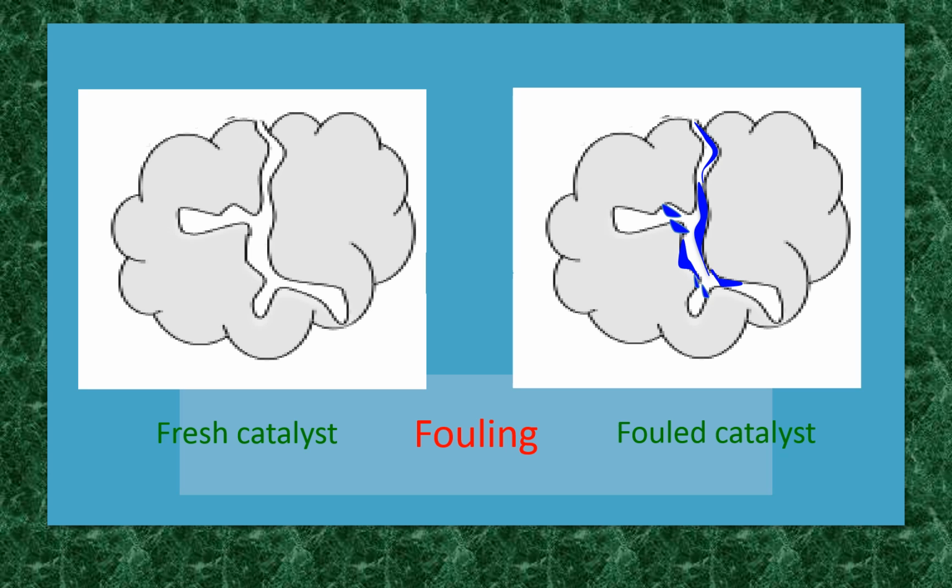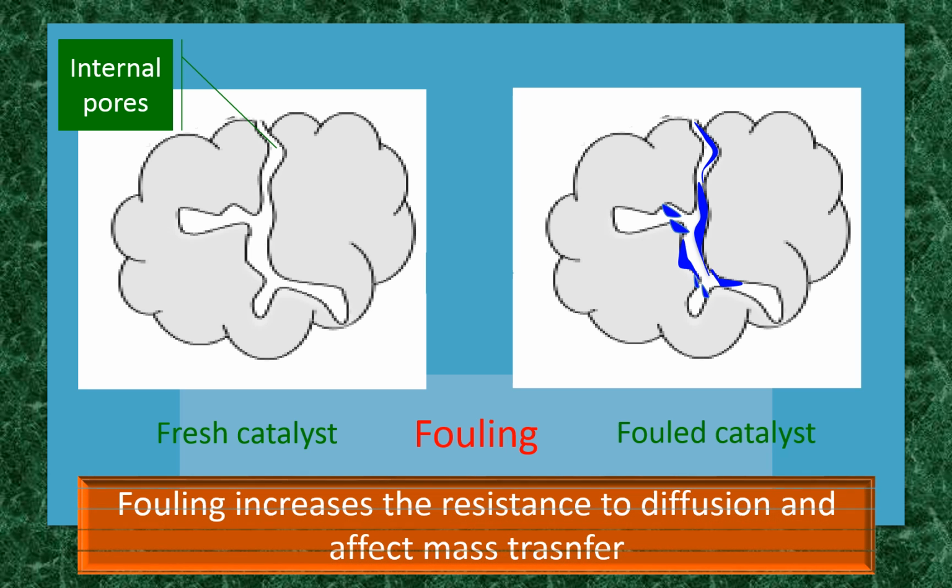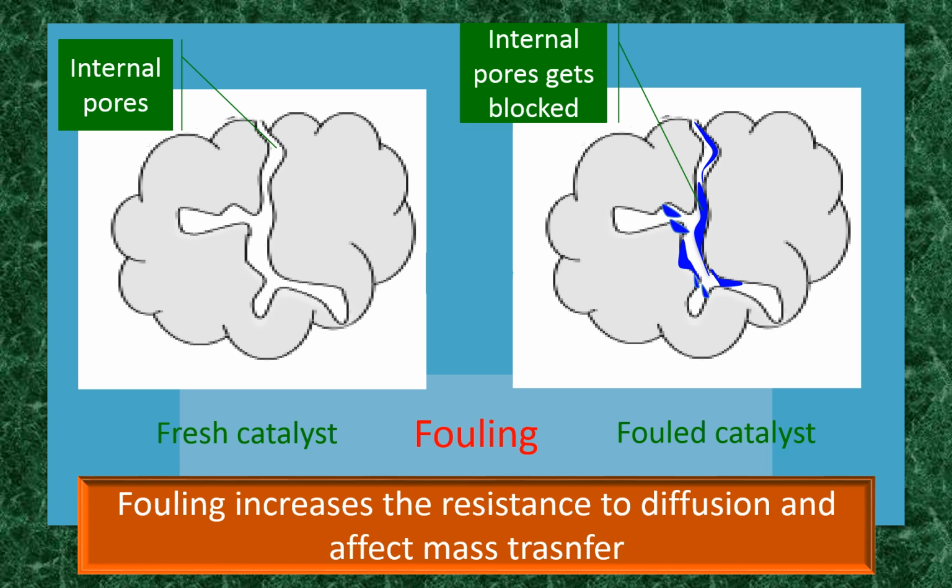This figure illustrates how fouling by carbonaceous material formed largely by coking blocks the pores and affects the mass transfer and kinetics. The pore diffusion resistance increases due to fouling, and conversion decreases as a result.